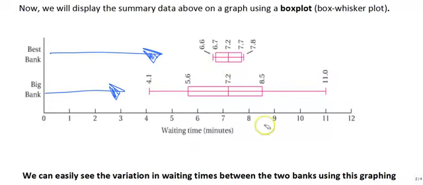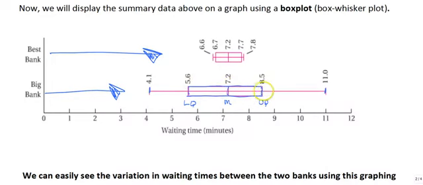And so we're just looking at the waiting times, the data values here. And so the 4.1 and the 11.0 were the highs and the lows. These values, the 5.6, the 7.2, and the 8.5 represent the low quartile, the median, and the upper quartile. And those are the values you draw your box around.